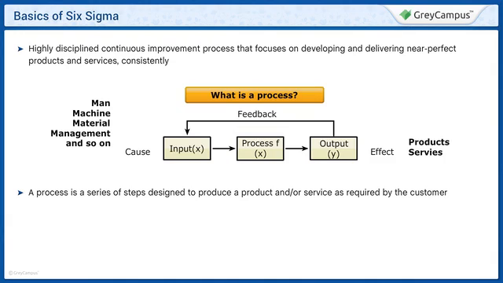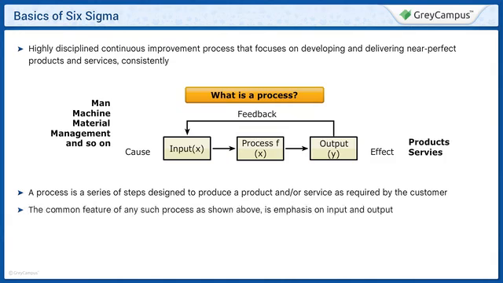The reason why it is referred to as a continuous improvement process is because it provides businesses with a structured approach for analyzing their current performance and for determining how they can improve their processes to deliver their goals efficiently and effectively on an ongoing basis. Remember, efficiency is all about productivity, and effectiveness is all about the quality of your work.